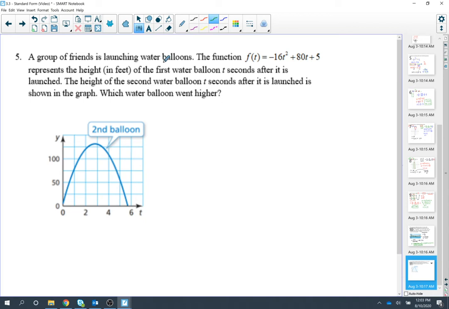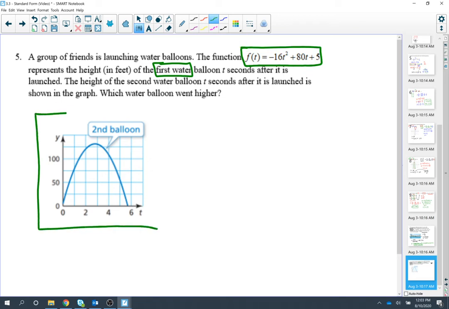So we have the first water balloon, which is modeled by this function. That's all we know. And then we have the second water balloon, which is modeled by this graph, and I want to know which one went higher. Well, why don't we start with the second one, because that one looks easier to me. I want to know how high it got.